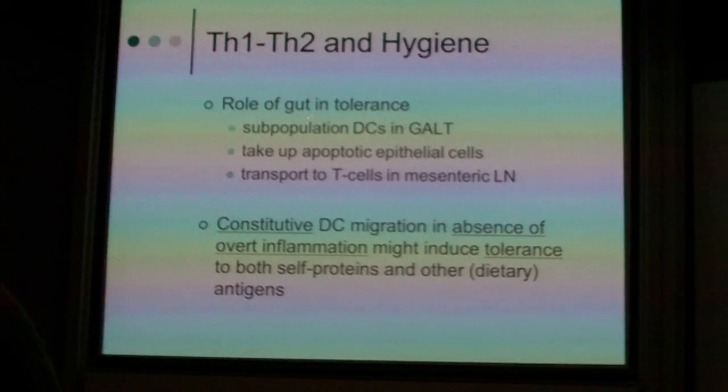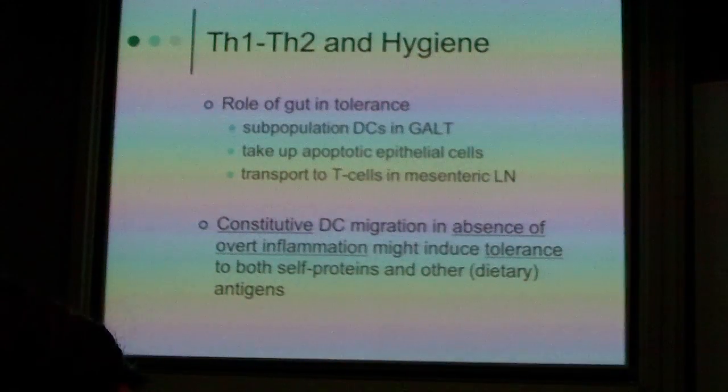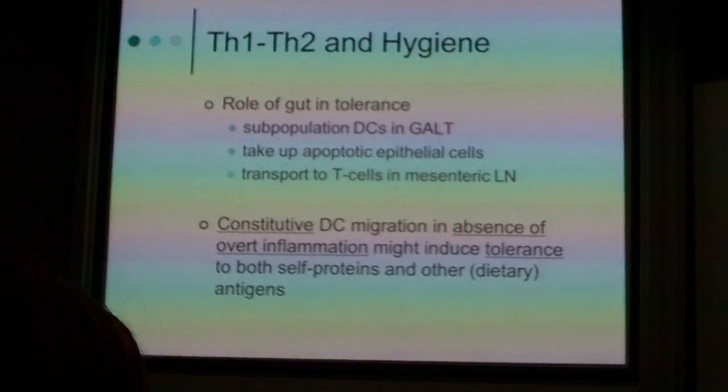So the role of the gut in tolerance, as I mentioned before, we are accepting that gut immunization may importantly lead to tolerance. So in the gut we have specific dendritic cells in the gut-associated lymphoid tissue, and these have been described to be specific in the way that they easily induce tolerance to a certain antigen.